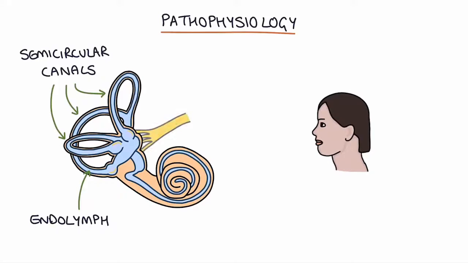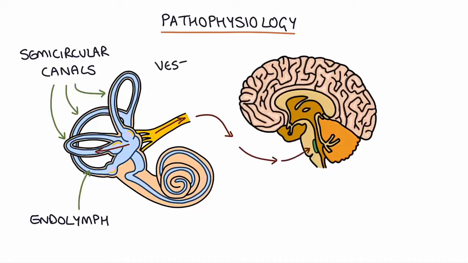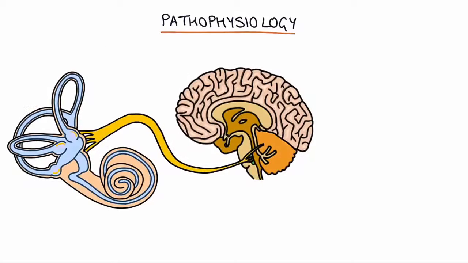This shift in fluid is detected by small hairs called stereocilia that are found in a section of the canals called the ampulla. This sensory input of shifting fluid is transmitted to the brain by the vestibular nerve, and it lets the brain know that the head is moving in a particular direction. So essentially, this vestibular system is important for detecting movement of the head.